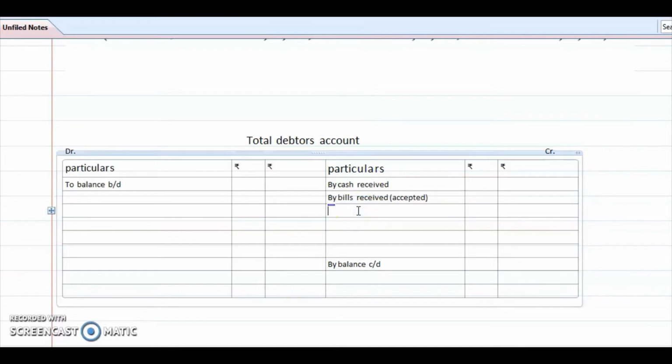Then sales returns. Then bad debts. Discount allowed.